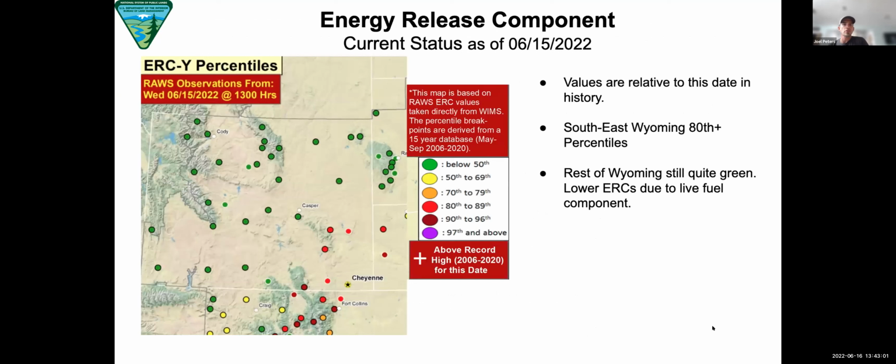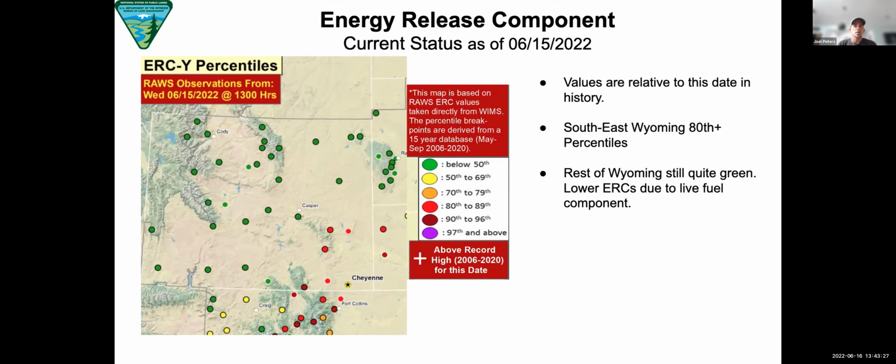So now we'll get into some actual energy release component measurements for these percentiles. These are based on, you can see up in the left-hand corner, ERC-Y. Y is a timber fuel model. It does correlate still even with some of our basin locations that aren't specifically a timber model, so you can not focus too heavily on that.